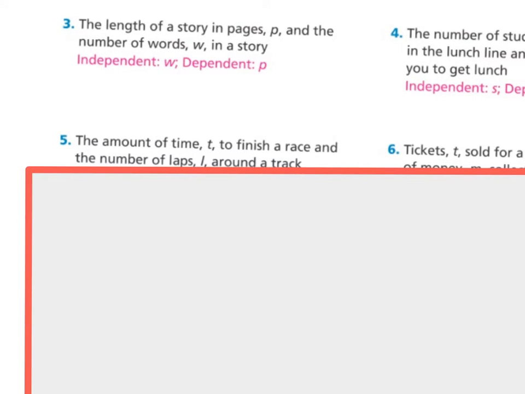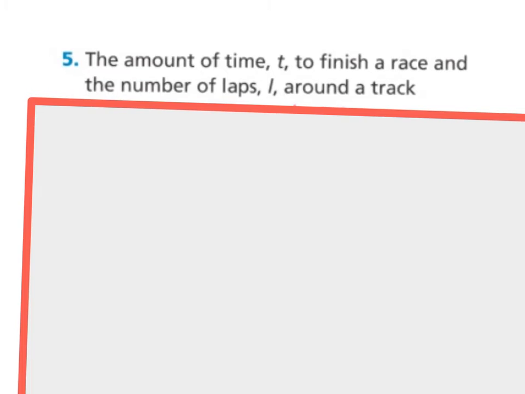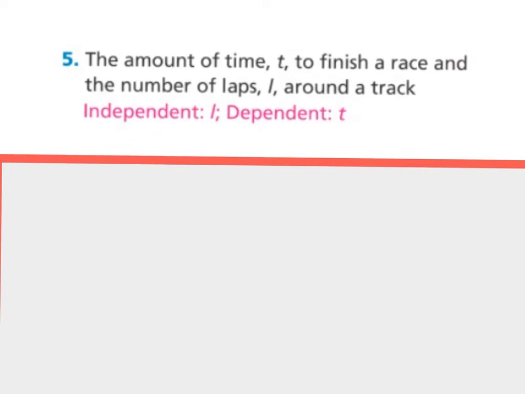Amount of time to finish a race and the number of laps around the track. In this case, dependent would be the time to finish the race, and independent is the laps around the track. So how long it takes you to finish the race depends on how many laps you have to make.